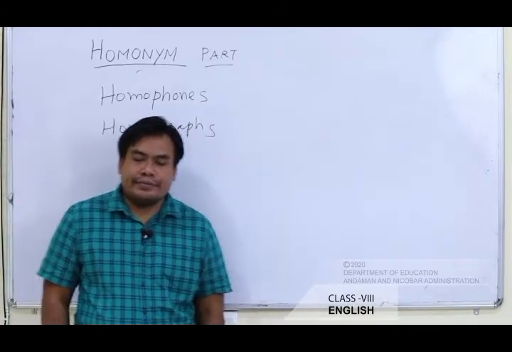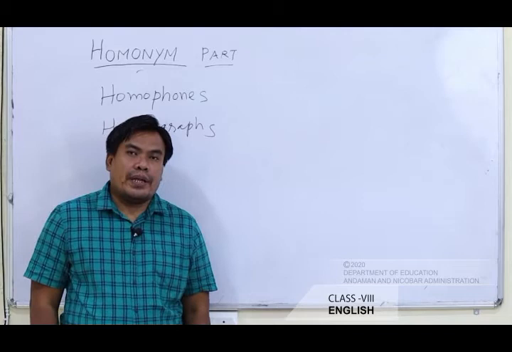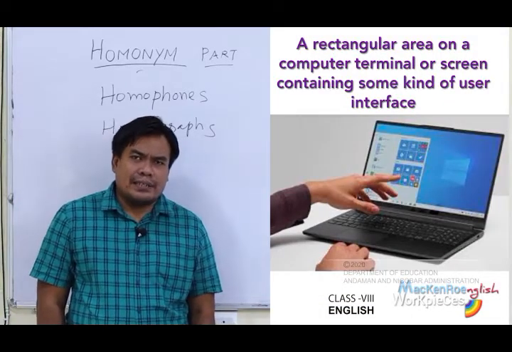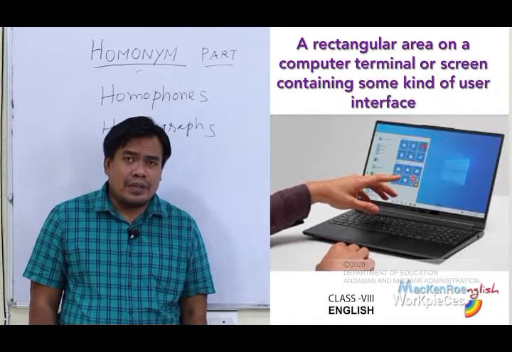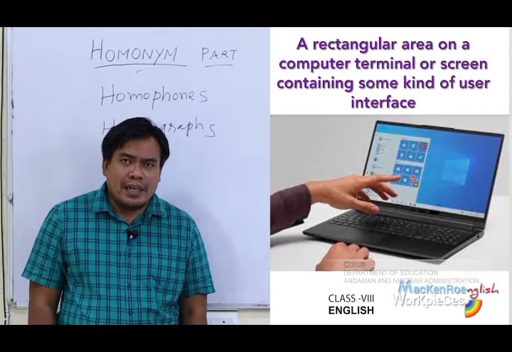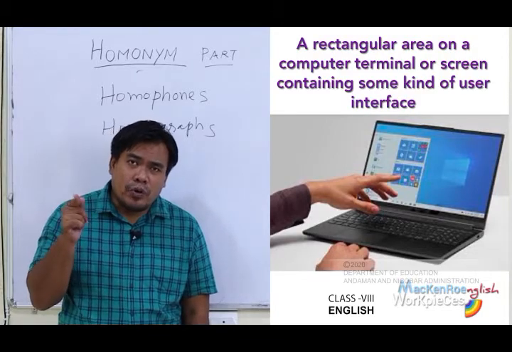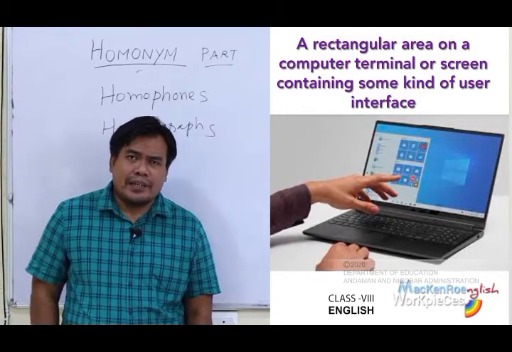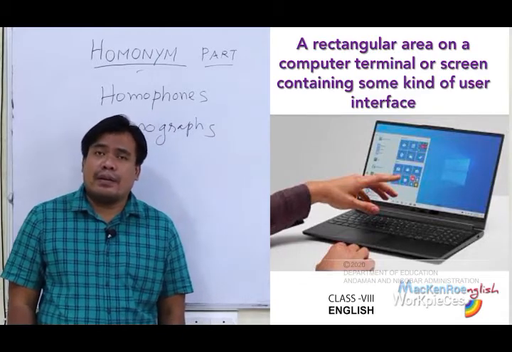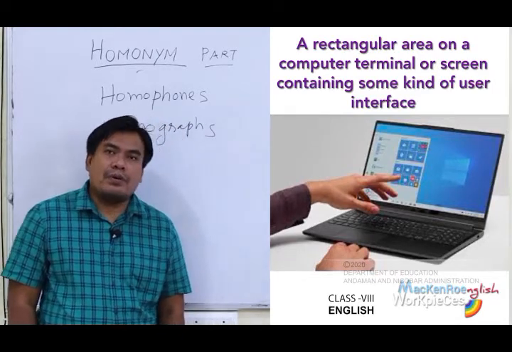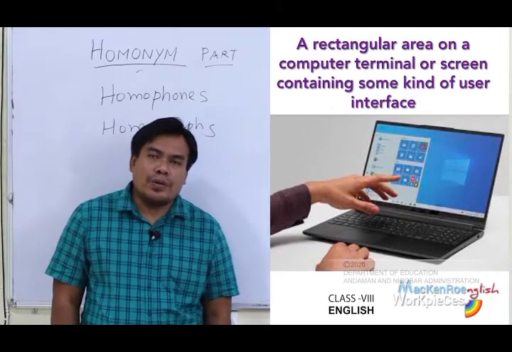What is that? It's a laptop. And then you can see a hand over there. And then what else would you say? A laptop, a hand, and the person is pointing towards the screen. Yeah, it's a window. W-I-N-D-O-W, window.